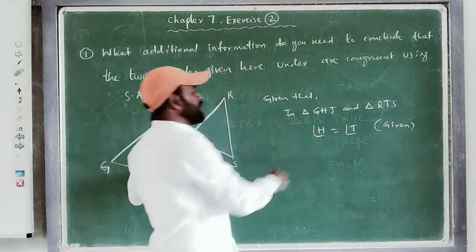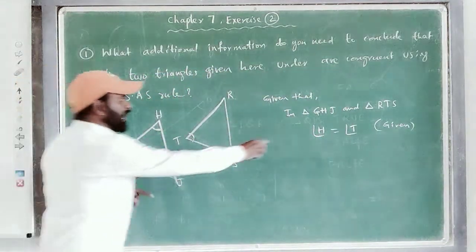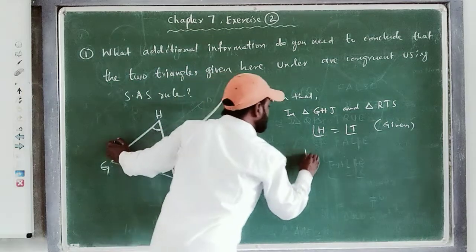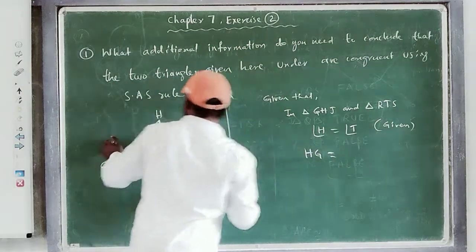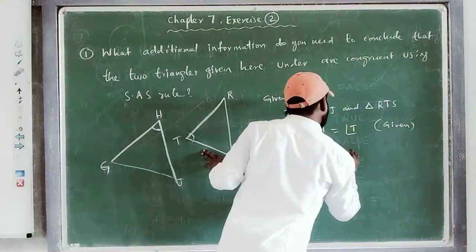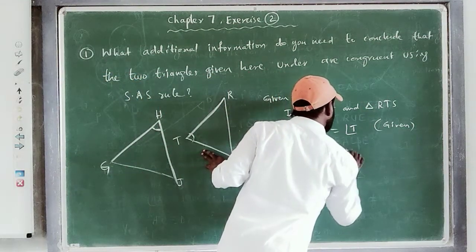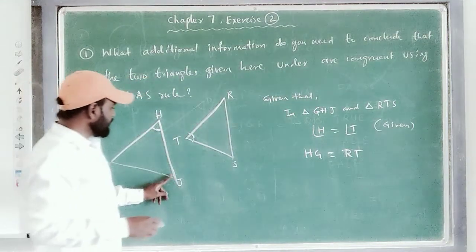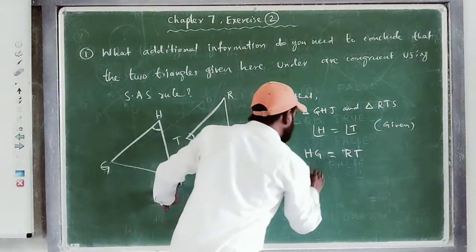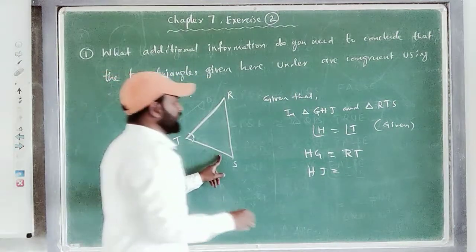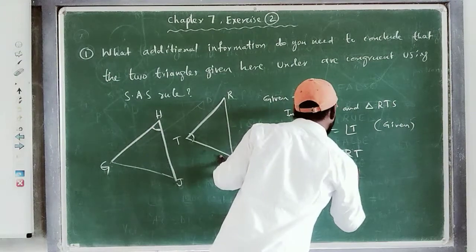So this angle is made by which two sides? This angle is made by this side, that means HG. This HG corresponds to RT. Next, HJ is equal to, now what can we write? TS. HJ is equal to TS.